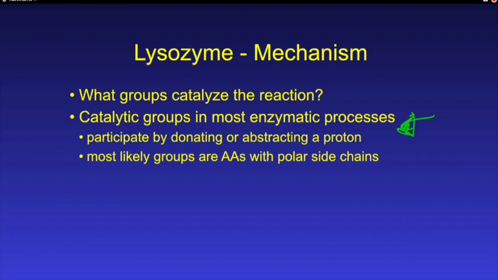But remember, proteins like to put the hydrophobics on the inside and the hydrophilics on the outside, and so if by chance you get a polar amino acid on the inside, it most likely is going to be part of the active site.